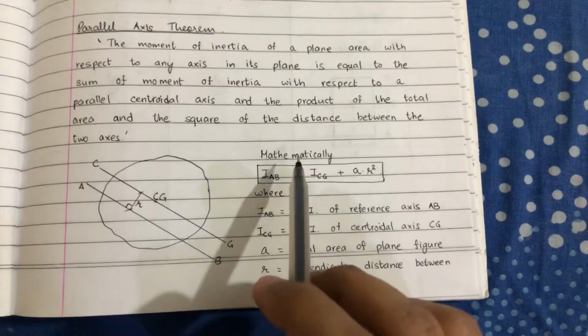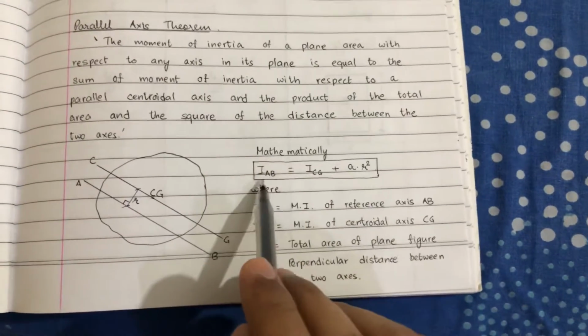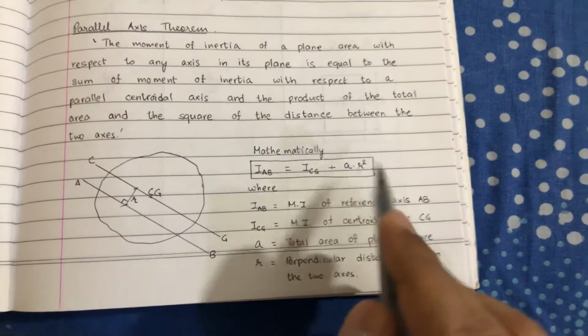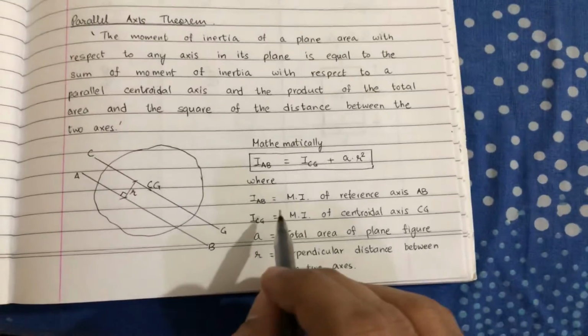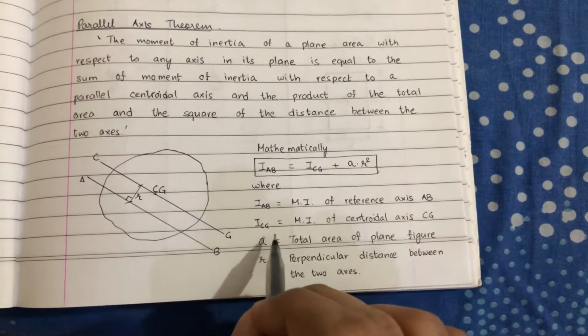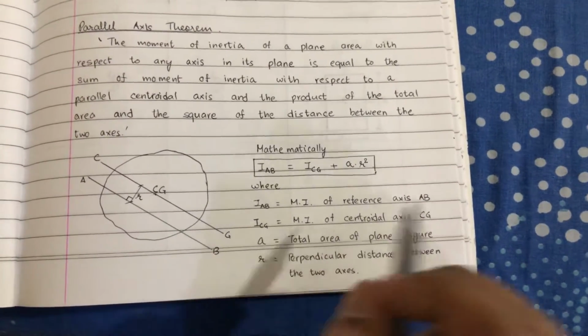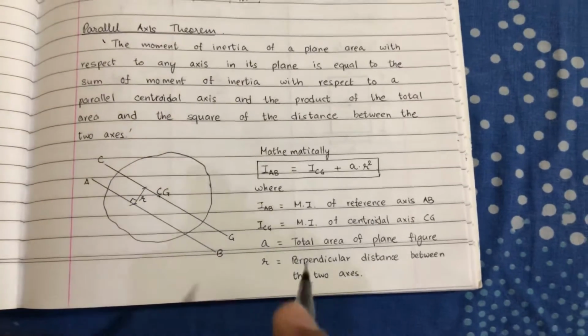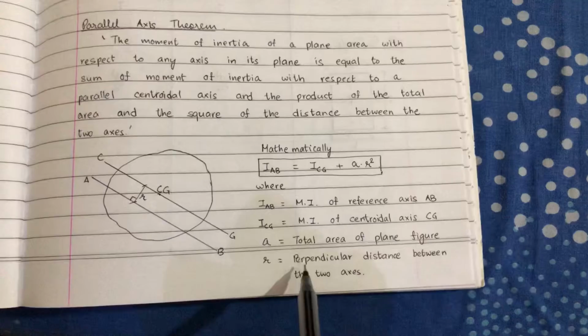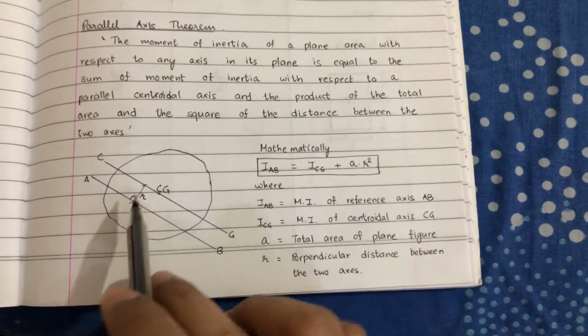So according to the parallel axis theorem, IAB is equal to ICG plus AR square, where IAB is the moment of inertia about reference axis AB, ICG is the moment of inertia about centroidal axis CG, A is the total area of this plane figure, and R is the perpendicular distance between the two axes.